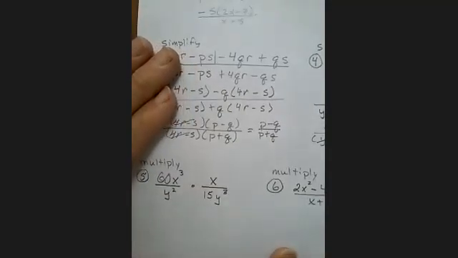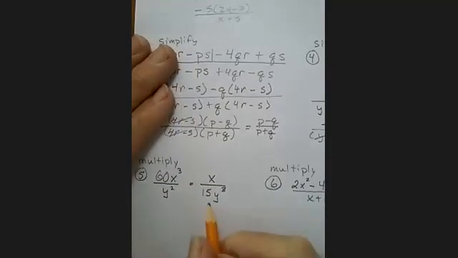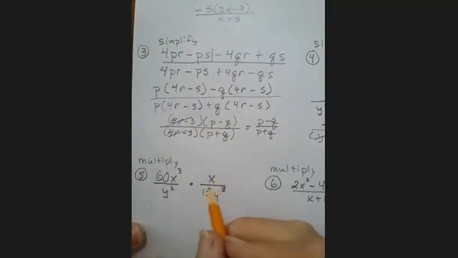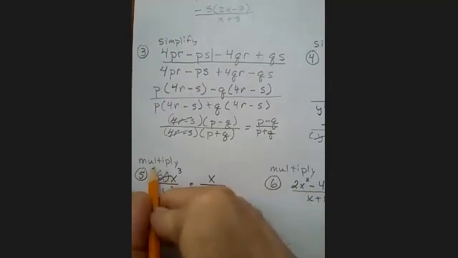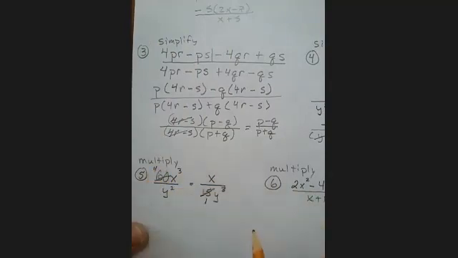The next one you've got is this guy, where I'm just going to cancel stuff and see what I've got left. 15 goes in here once, 15 goes in here 4 times.